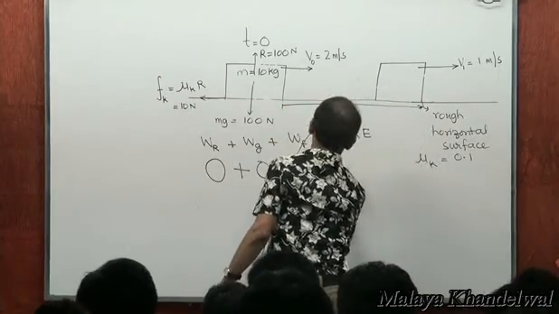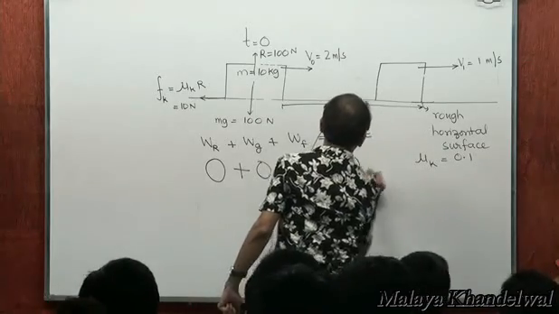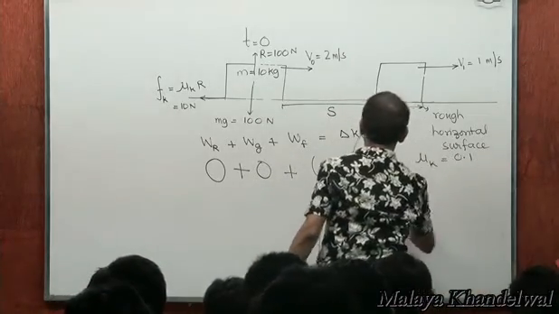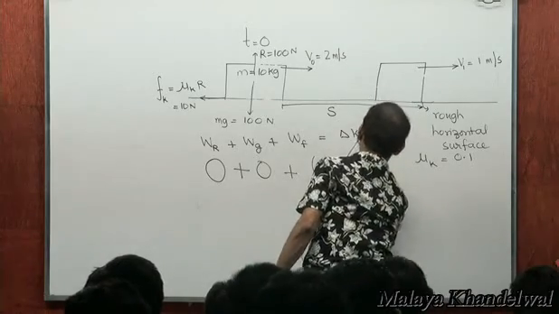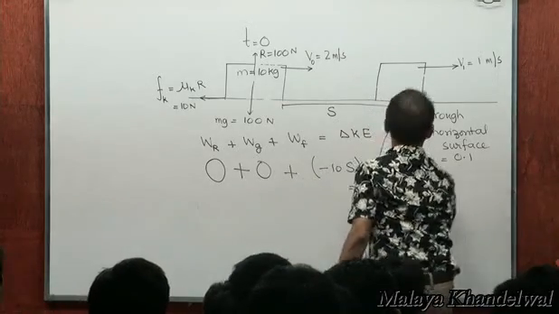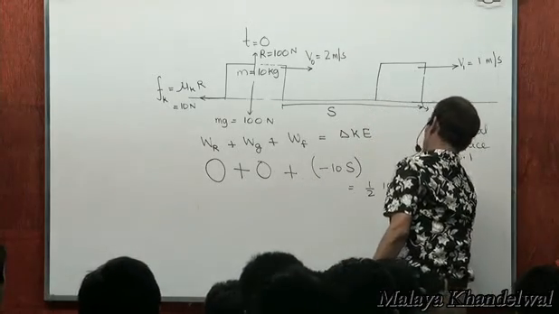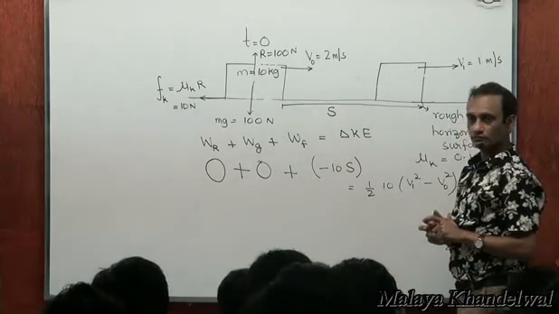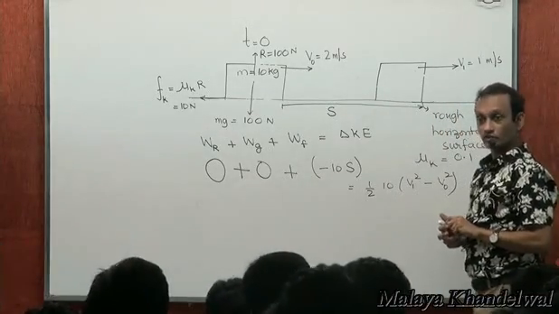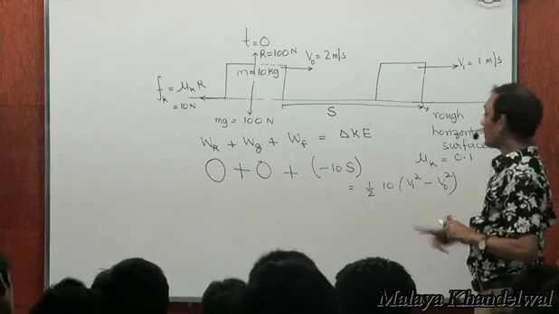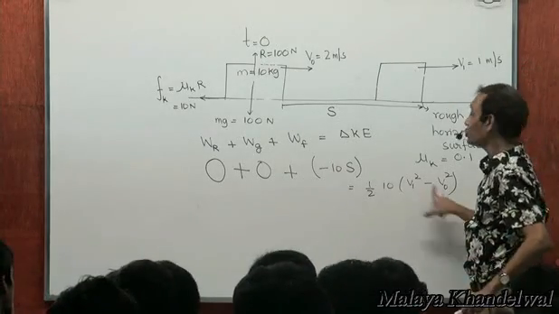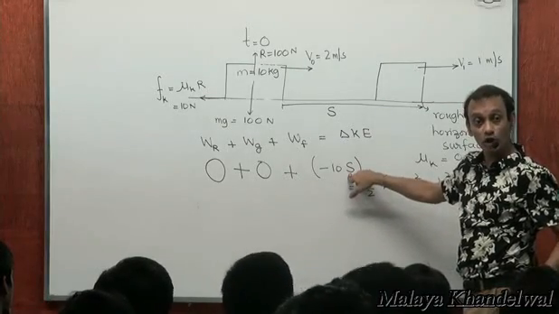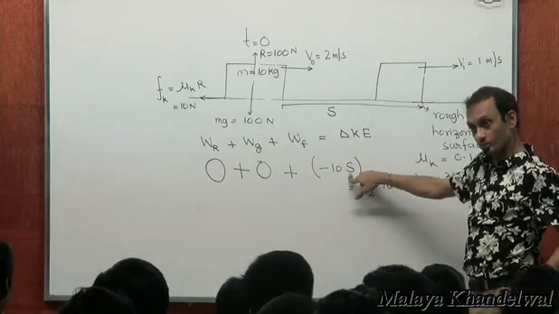So minus 10 into s, and that must be the change of kinetic energy. That means this must be half of mass, which is 10, into v1 squared minus v0 squared. Change of kinetic energy, right? So this will enable computation of s. Clear?